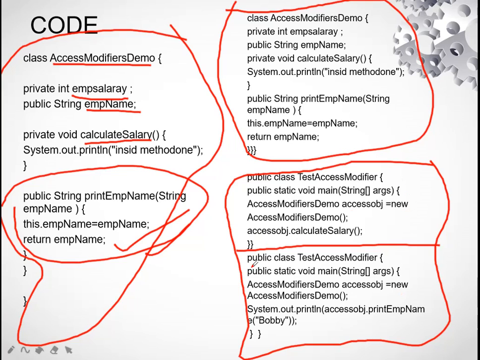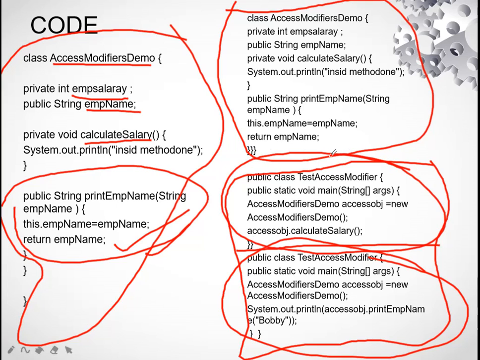Now you can see this. When you see this, what can be accessed and what cannot be accessed? All the private members will not be accessed here. The private calculate salary I have written also will not be accessed.